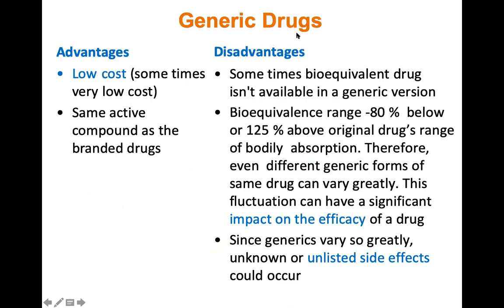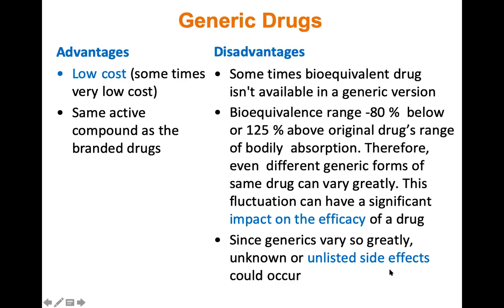Then you must have heard about the generic drugs. Generic drugs are identical to the original manufactured drugs, and they have a very low cost, and they have active compounds which are somewhat similar to the branded compounds. But the disadvantage with generic drugs is that many times we cannot manufacture identical drugs. For a generic drug to be as effective as the original branded drug, it needs bioequivalence, which means the effect or efficacy of the drug should be between 80 to 125% of that of the original drug.